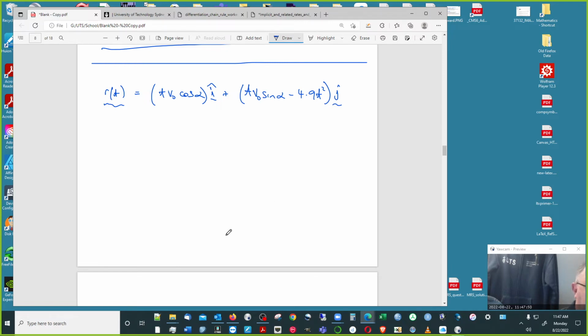Okay, so t is the flight time of the shell in seconds. v0 is the speed in meters per second at which the shell exits the barrel, and alpha is the angle at which the shell leaves the barrel in radians. The shell is fired across a flat expanse at a symmetrical mountain with a width and a height of 1,000.